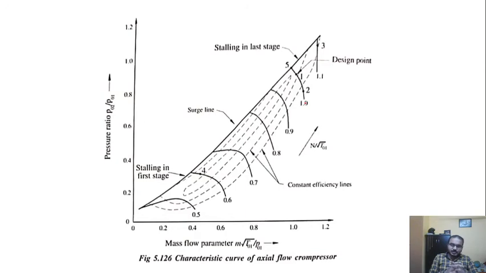First of all, we need to observe the x and y axis. On x axis we are having mass flow parameter, and on y axis we are having pressure ratio.